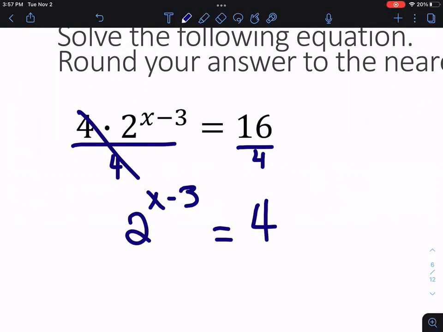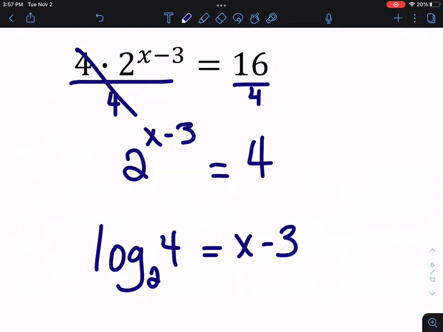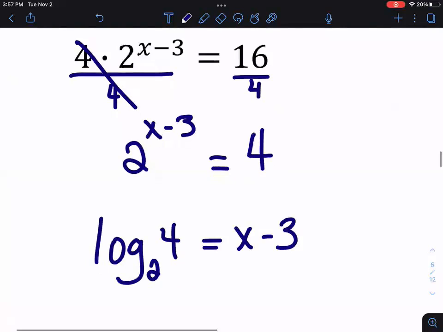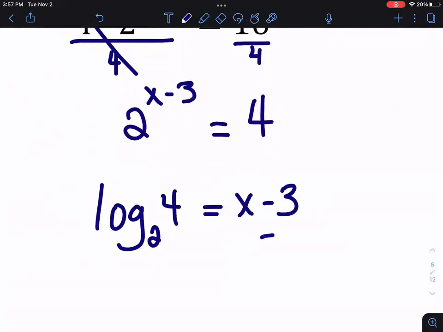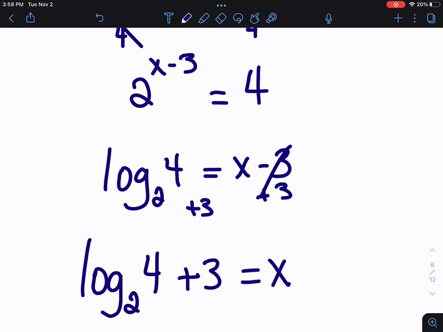Convert this to logarithmic form. So log base 2 of 4 equals x minus 3. Again, if you need to label them, please do so. To get x by itself, we're going to add 3 to both sides. That's going to give us log base 2 of 4 plus 3 equals x.